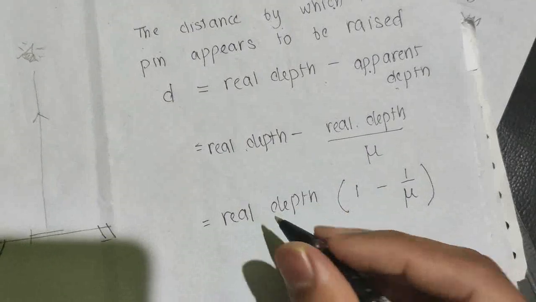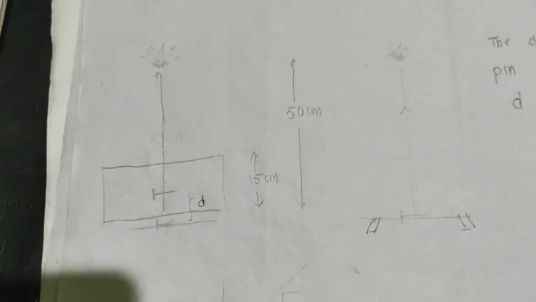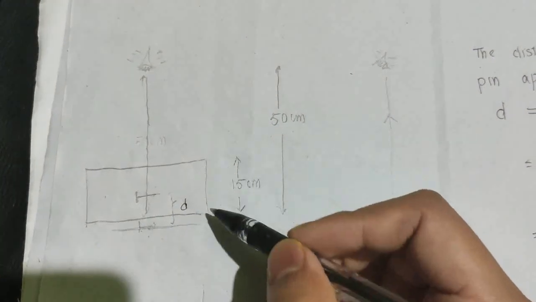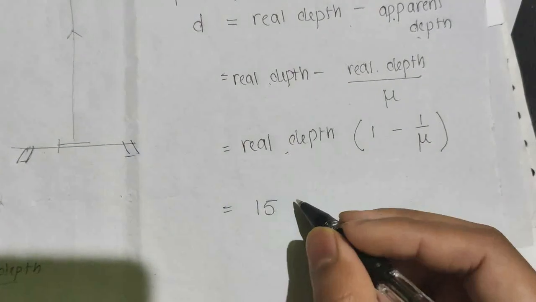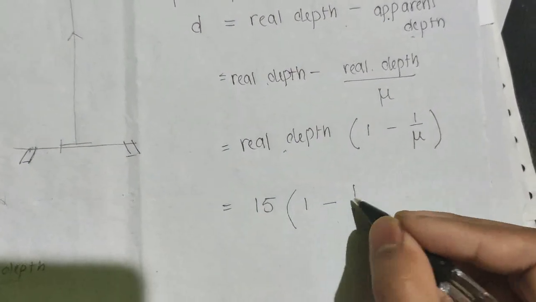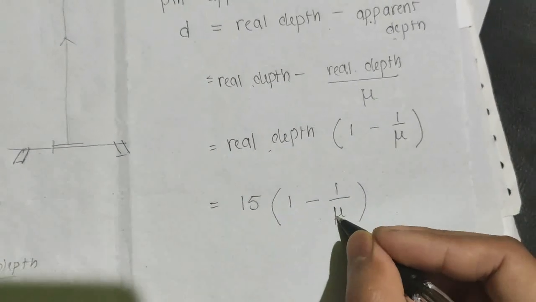Now in this case, what is my real depth? The real depth means the thickness of the glass slab. What is the thickness of the glass slab? It is 15 centimeter. So the distance is 15 centimeter into 1 minus 1 by mu. What is your mu? Mu is your refractive index.